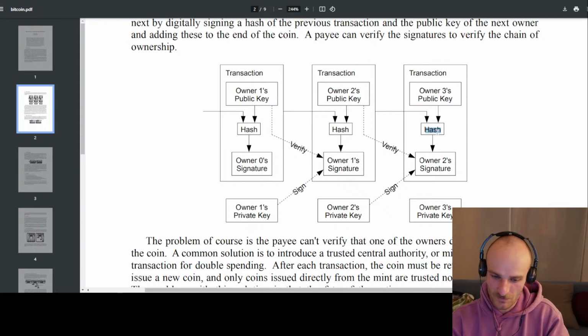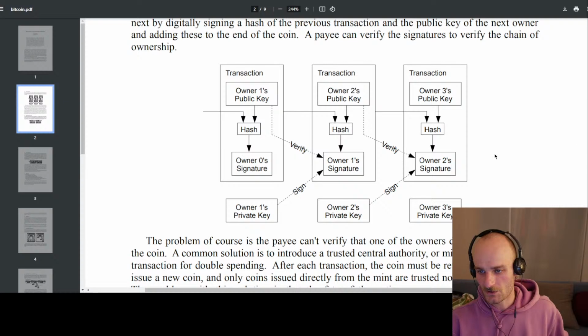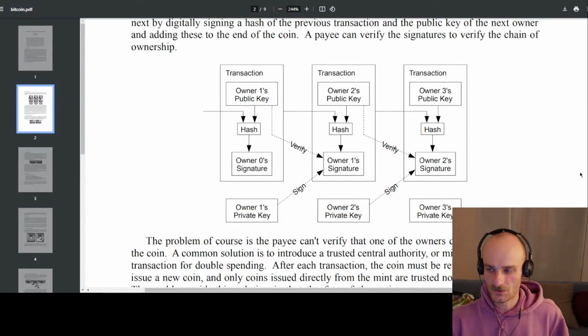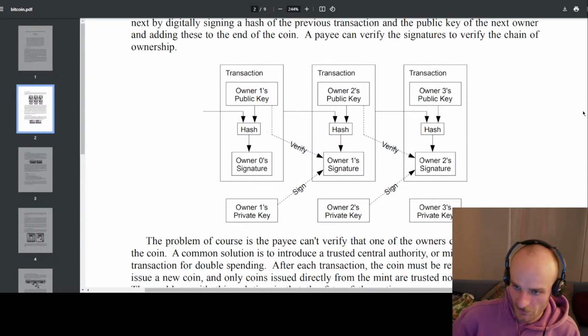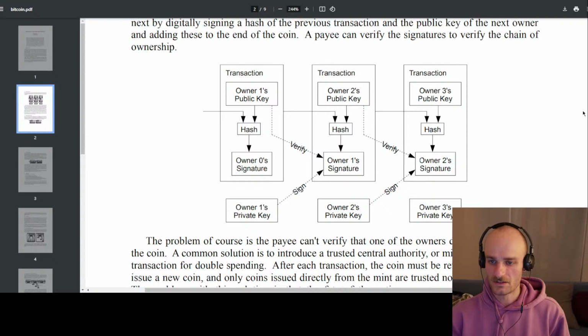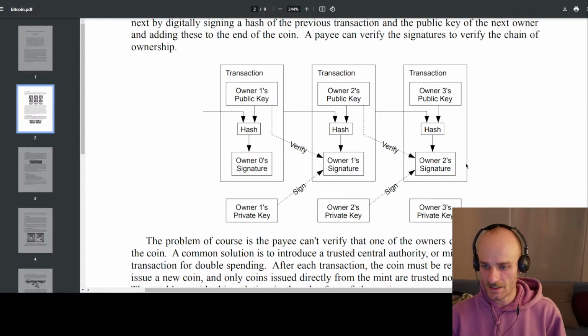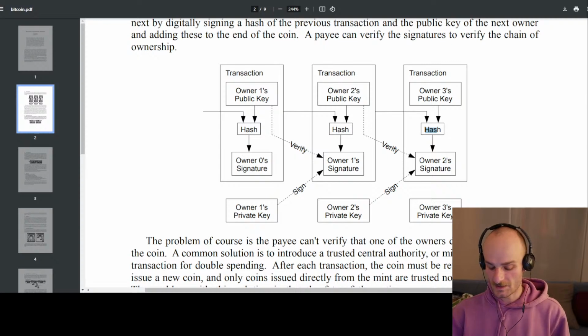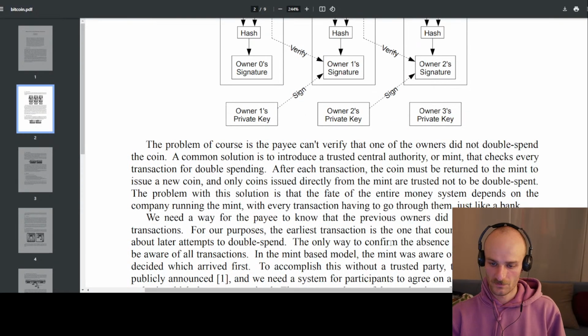But what guarantees them that, when owner 4 will want to pay owner 5, another owner will not come there and say, hey, look, I have the same hash as you, the same hash transaction by owner 3, and he did it at the same time, I would say the same minute.